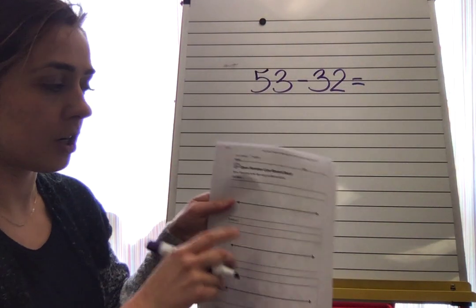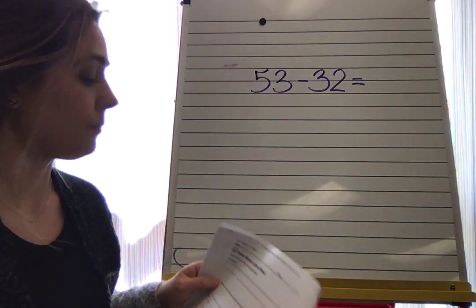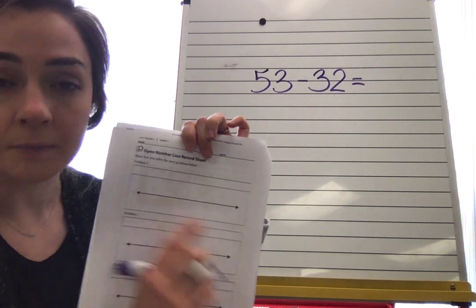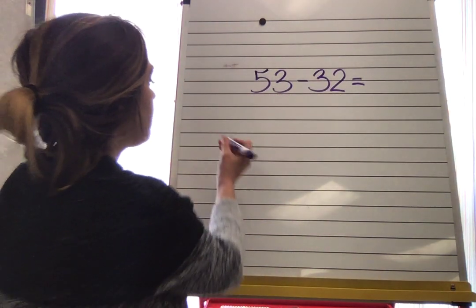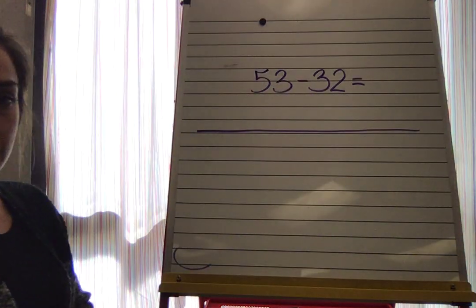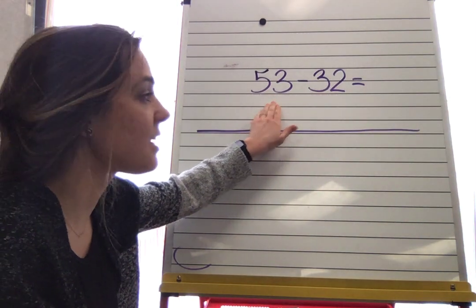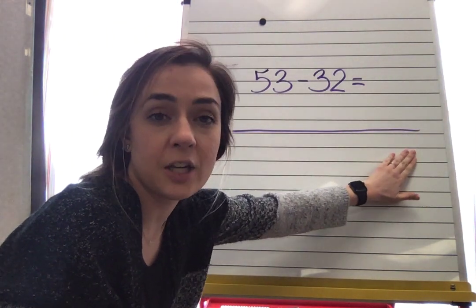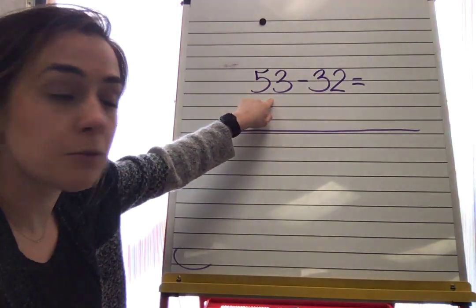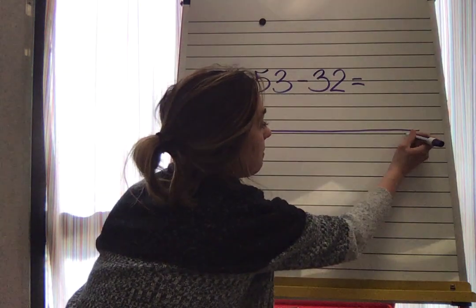All right, so you're writing that right here, 53 minus 32. You already have your number line drawn for you, but it's blank. This first number, 53, is the number that you need to put on your number line, and since we're doing subtraction, it's going to go on this side of the number line. So 53.